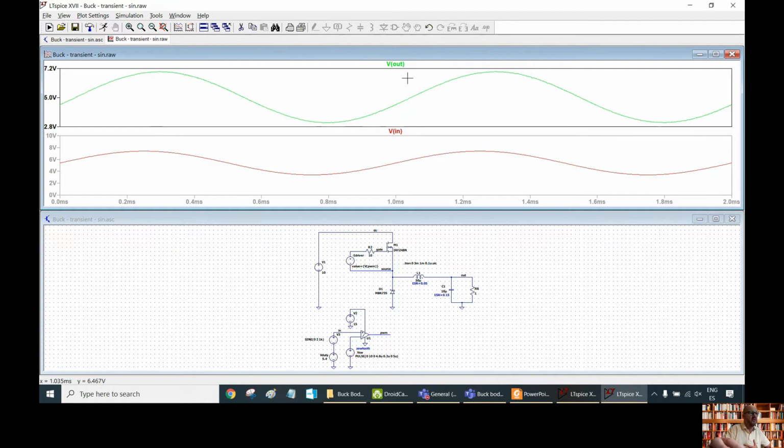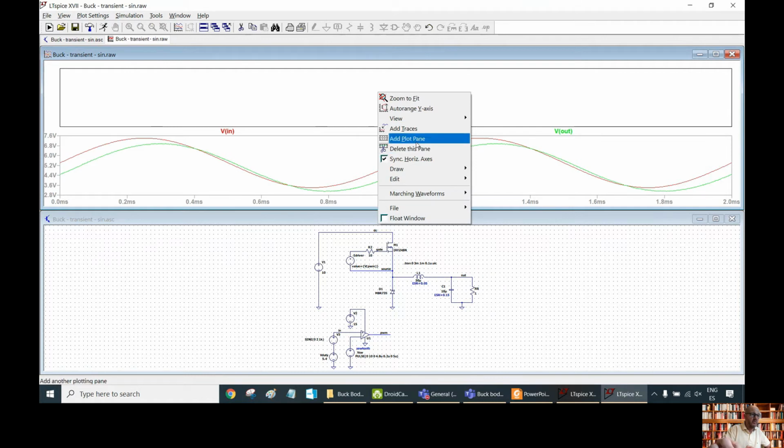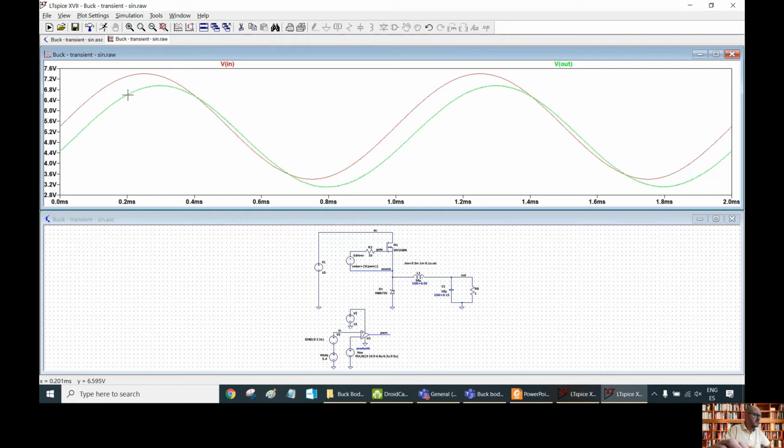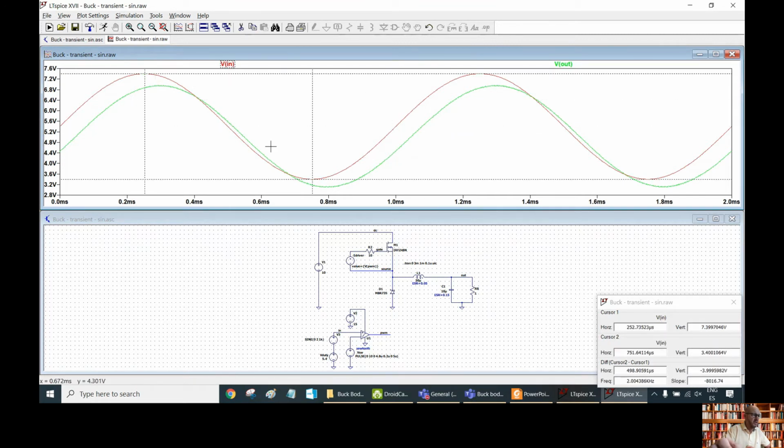But this will be quite painful to do manually. You can see that they have different amplitudes and different phases. So we could calculate the peak-to-peak value and so on, but this will be very difficult to do.